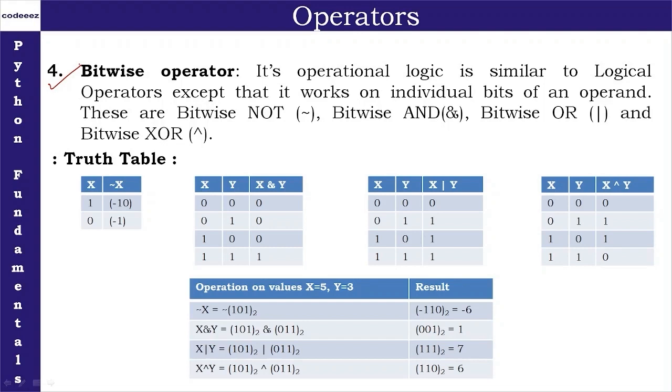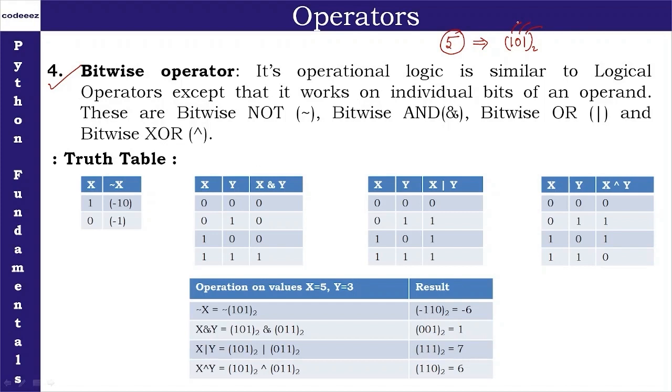What I mean to say is, suppose you are applying an operator on 5. First it will convert the value 5 into binary form, and then it will work on the individual bits of the values. This is how a bitwise operator works.